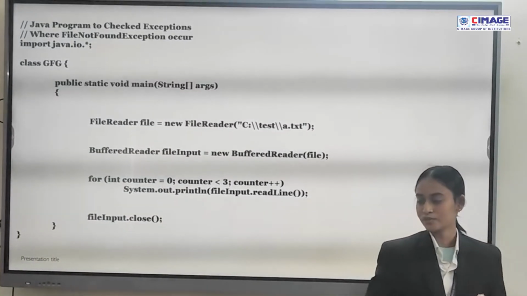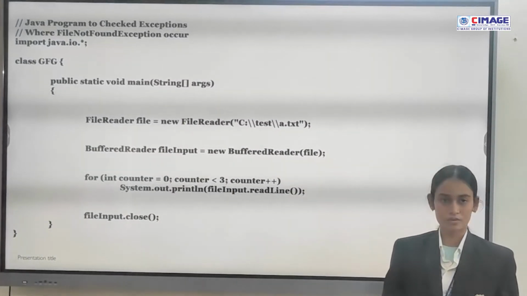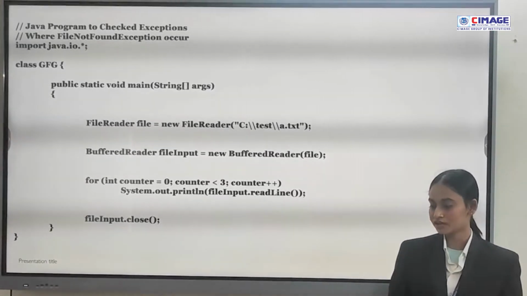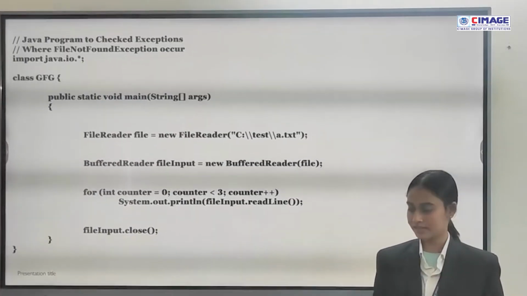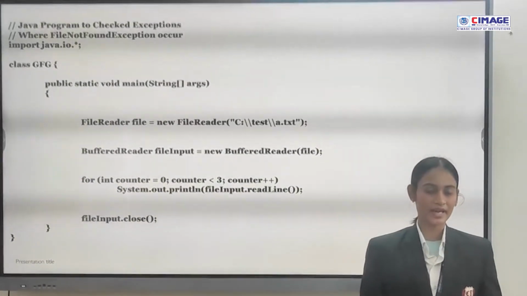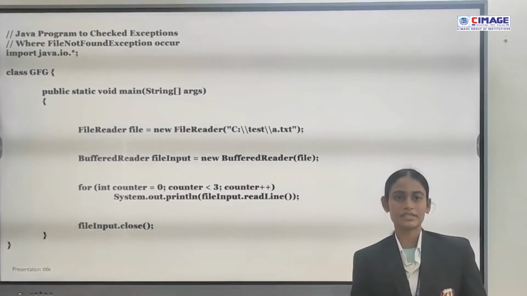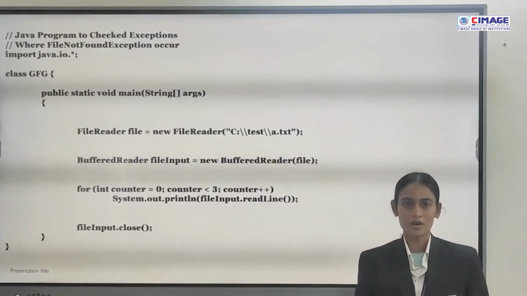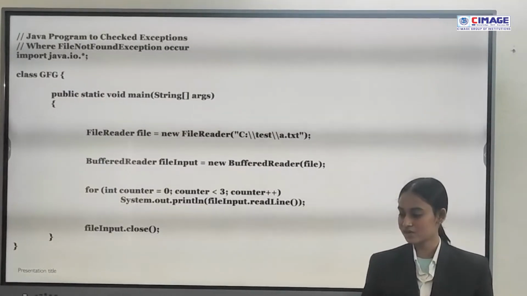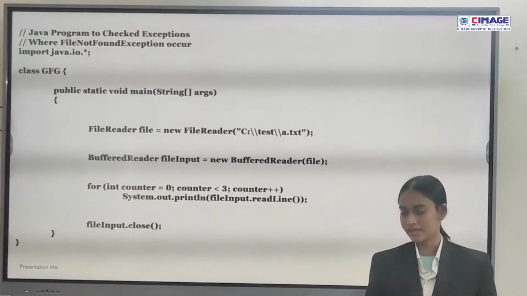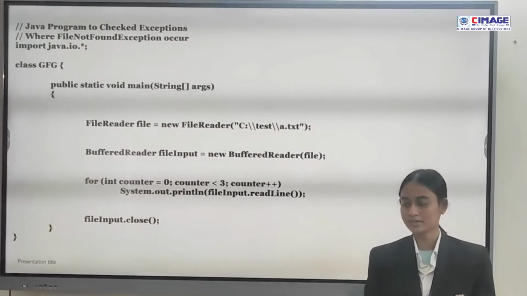So in this slide I am going to explain the code. First of all, in this line I import the java.io package. This contains classes for input and output operations. Then this is the main class which contains the main method of the class, that is public static void main.